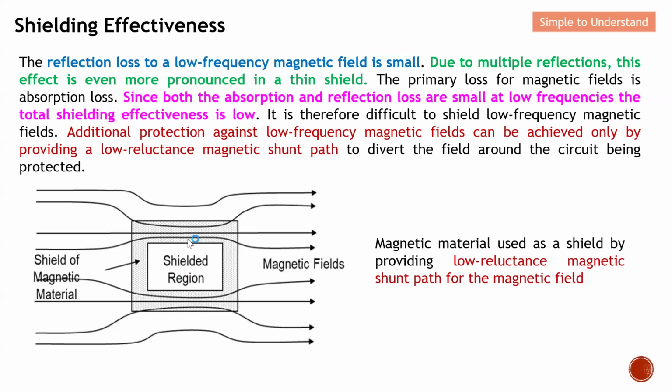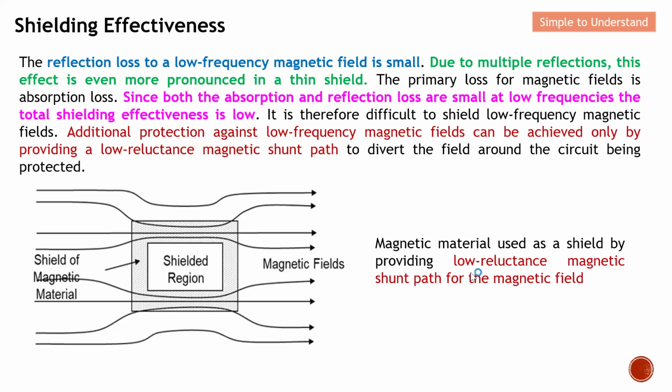From this diagram, you can imagine that these provide a low reluctance magnetic path. Instead of propagating straight to the sensitive area, the field follows this low reluctance path and moves away from the sensitive region. So this is how we can curb against low frequency magnetic field.